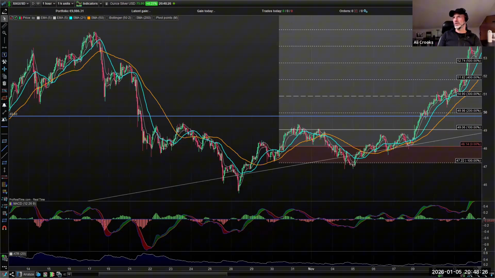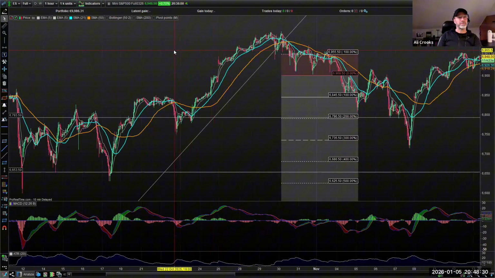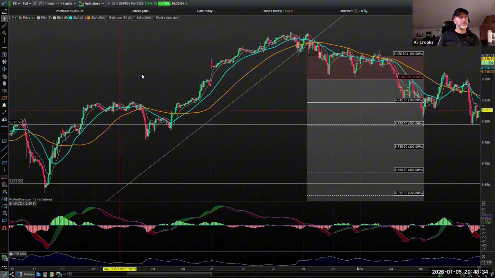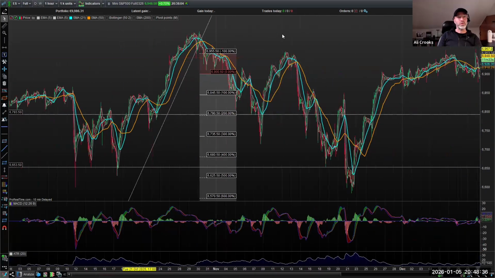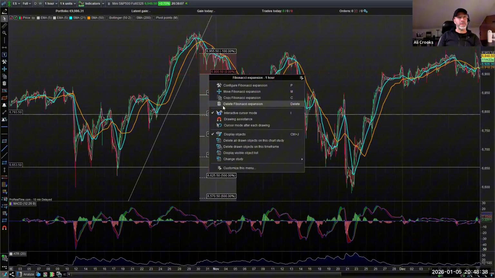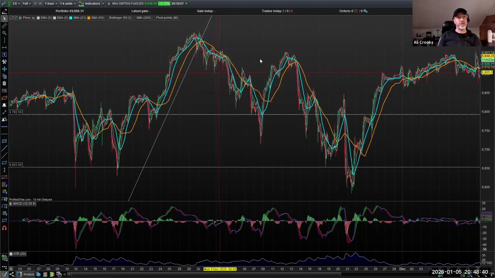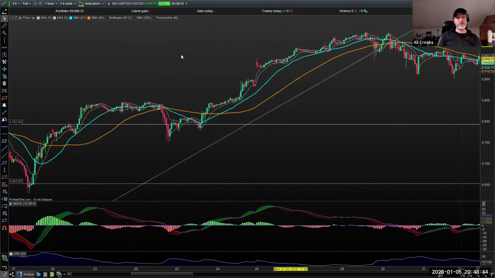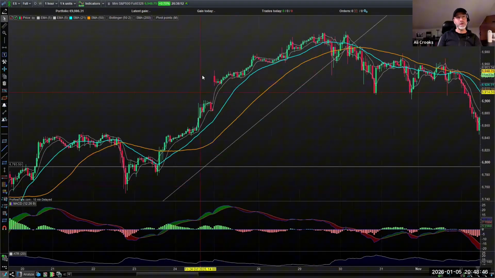Let's go and have a little look at, and I remember talking about this in the room, I think. If we look at the S&P, it has obviously got no support and resistance, and you can see because I've already got fibs on there, risk to reward calculators. So if I look here, the S&P has no support or resistance in the way.